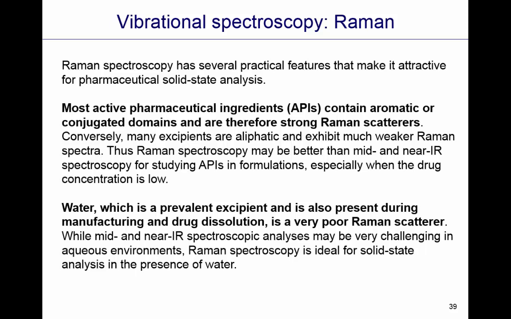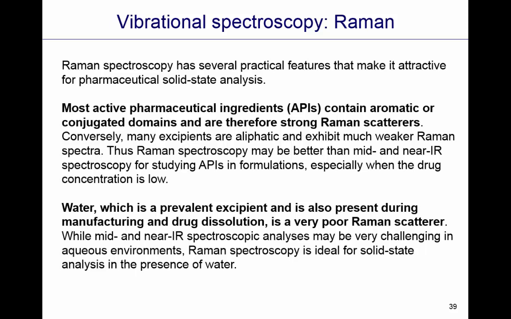Also, a lot of excipients, and by excipients we mean molecules or materials in which we're trying to put APIs to deliver, don't have aromatic groups. So the signal of the excipient will be much smaller than the signal of your API. So your sensitivity of detection of API is much greater.